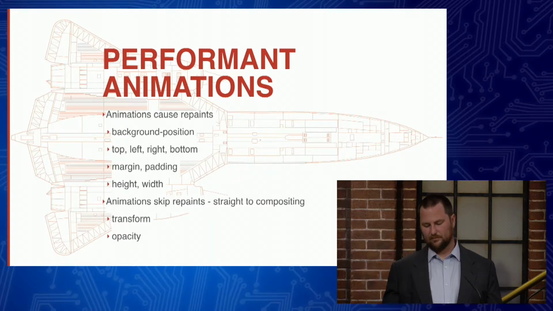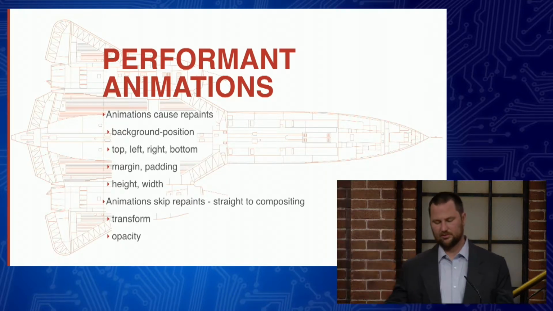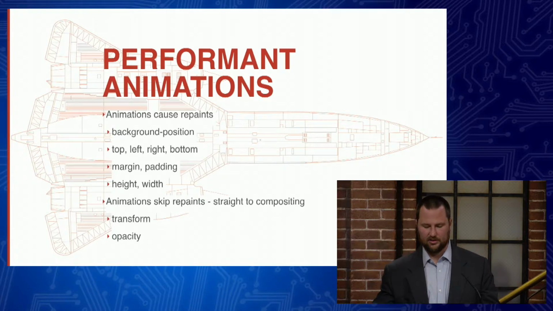You can bind those transforms to the scroll position, similar to what had been done with the background position. At that point, the browser is smart enough that it will not trigger a repaint. It will just trigger a composite. And then you will see a silky smooth, still probably very annoying, parallax animation.